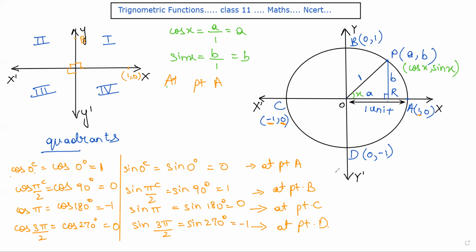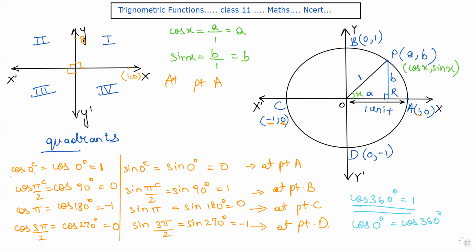So even if I write cos 360 degree is equal to 1, it will be the same. Cos 0 degree is equal to cos 360 degree. We know that angles are infinite in nature. So as you increment the value beyond 360 degree, you'll again reach this point, then this point, and the cycle continues till infinity.